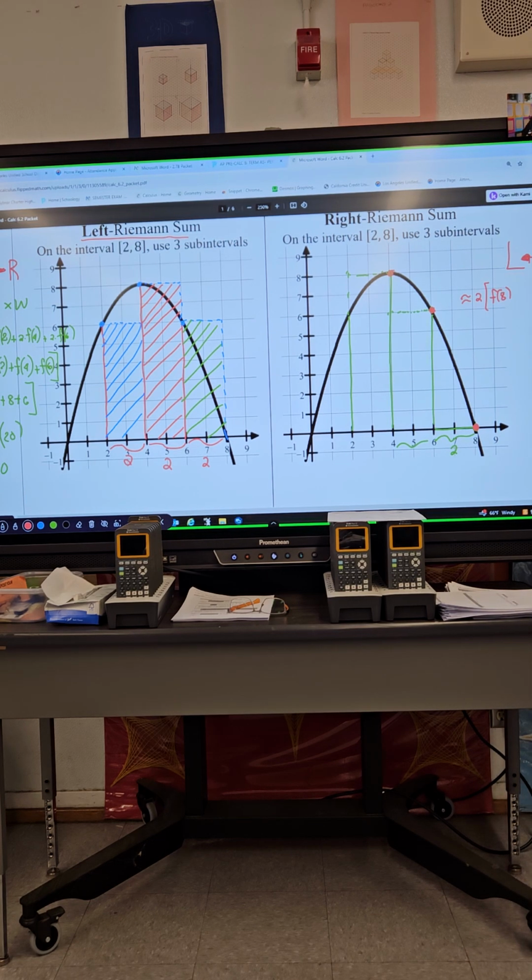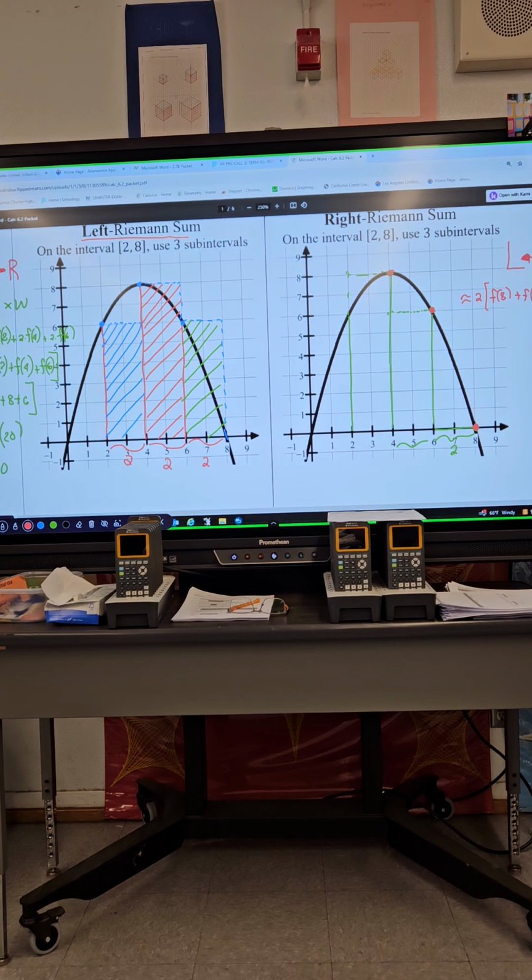Because we start on the right. The first is 8. And what is the second? f of 6. Very good. And what's the next after this? f of 4. Very good.